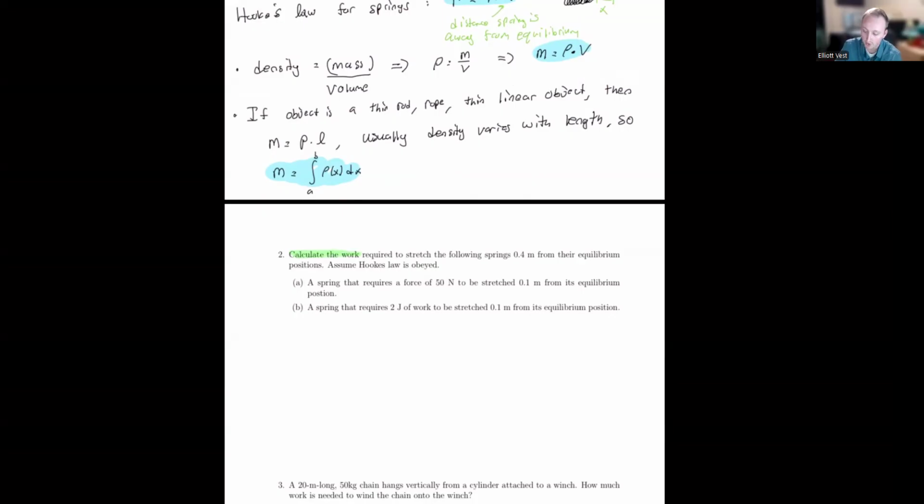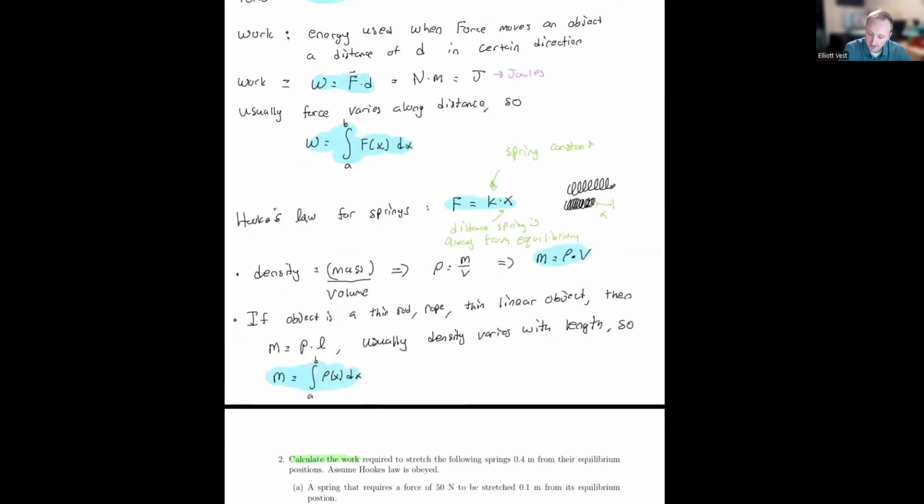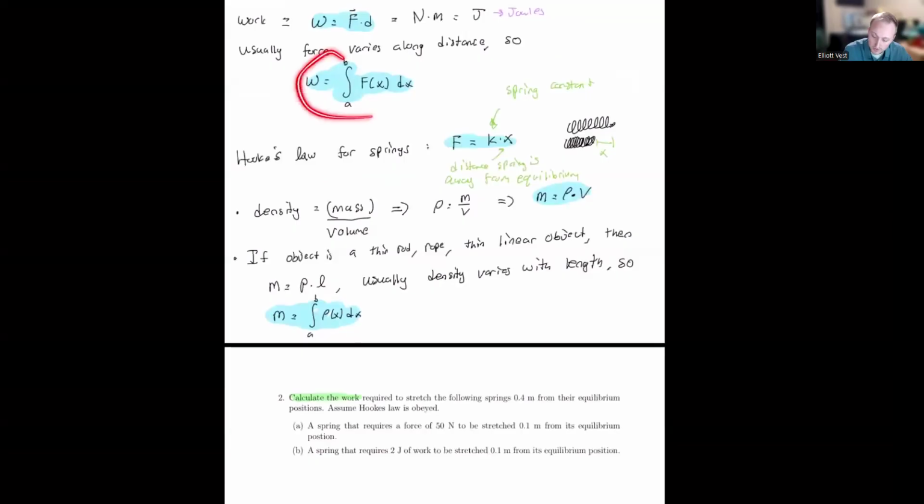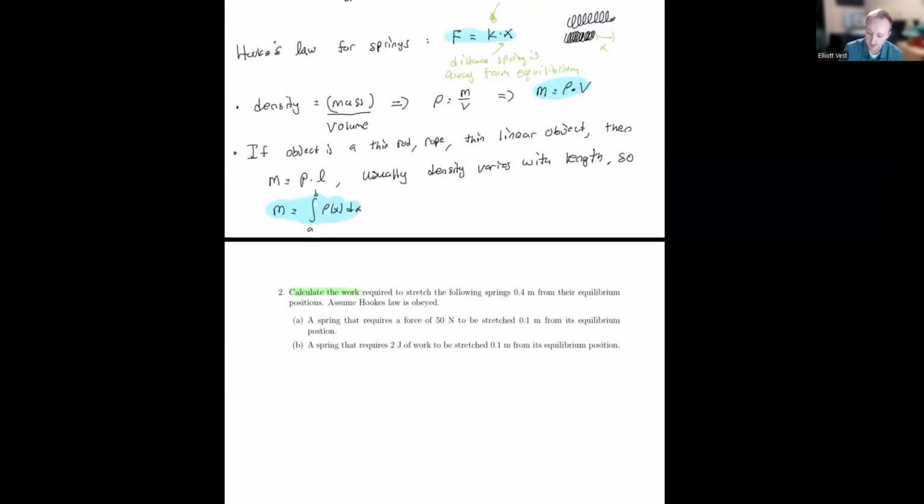And when you calculate the work of something that has varying force, a spring has varying force depending on where you're pushing it from its equilibrium position, this is the formula we want to use. Work is the integral over a certain interval of the varying force.